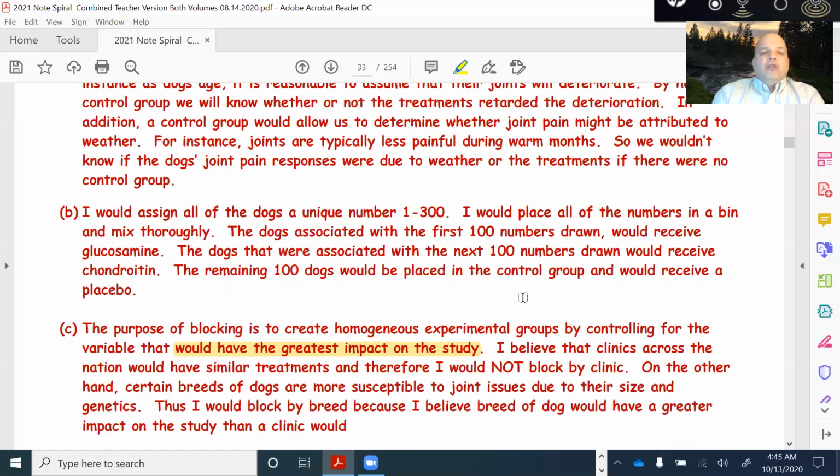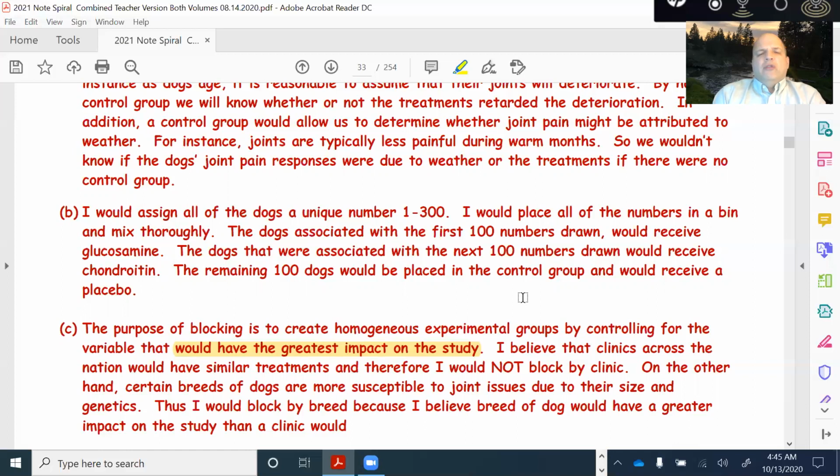On the other hand, certain breeds of dogs are more susceptible to joint issues, and thus I would block by breed because I believe breed of dog would have a greater impact on the study than a clinic would. And it makes sense to me that I have big dogs and small dogs, and big dogs might have different joint issues than small dogs, and vice versa. And I know that medication differences are going to be different by breed just because of size.